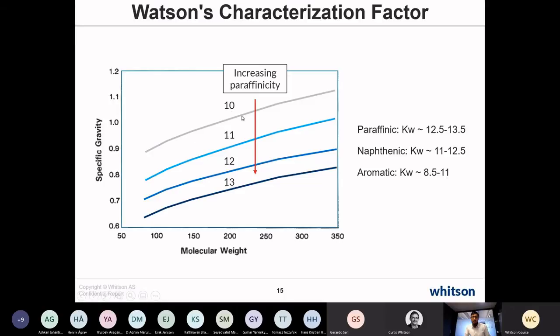For example, this gray line represents a Kw of 10. Then we have 11, this is 12, and that's 13. Downwards, we have increasing paraffinicity, meaning that if the Kw is higher, you have a more paraffinic fluid. If it's lower, you have a more aromatic fluid. So here we have the ranges for the different fluids.